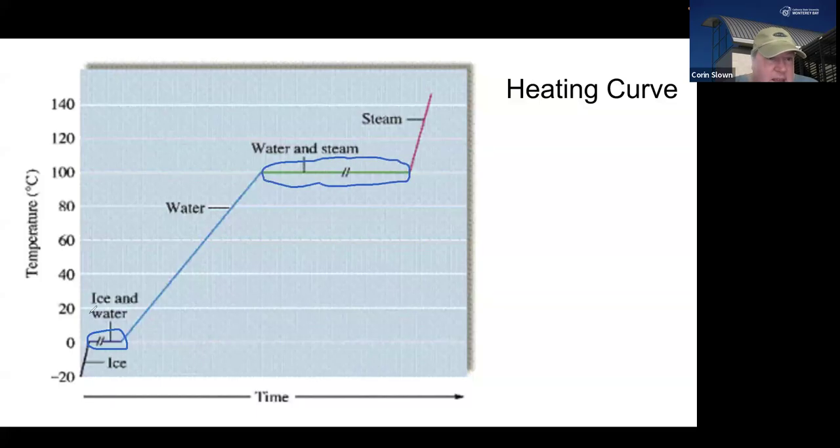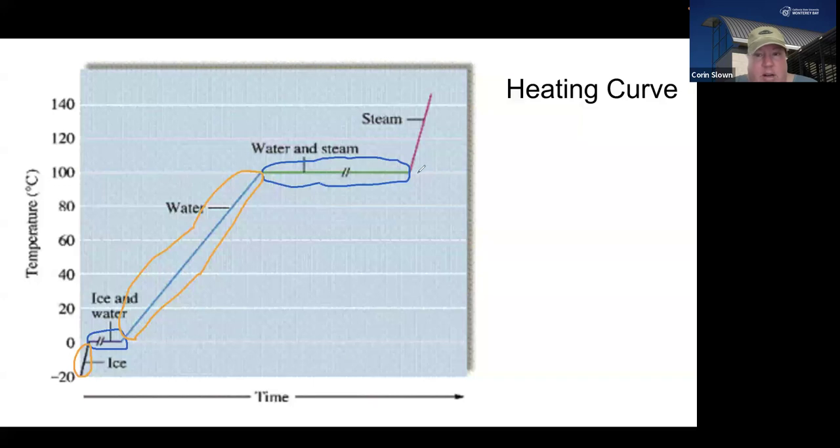And then I think the other piece that this shows really well is that there are temperature ranges for a physical state. So from -20, according to this figure, to 0 is ice. From 0 all the way up to 100 is liquid water.